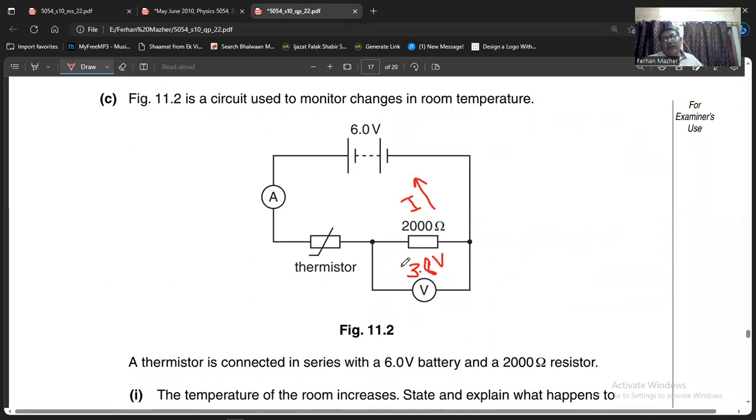If the reading is 3.8 volt, I know the resistance, so I can calculate the current. The same current will be flowing through the thermistor. The EMF is 6 volt. If the resistor is taking 3.8, the thermistor will be taking 2.2 volt. If I know the voltage drop and the current here, then I can calculate the resistance of the thermistor also. This is the strategy.